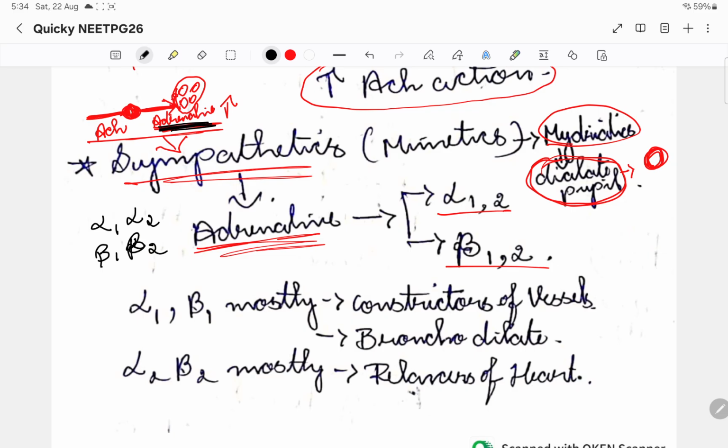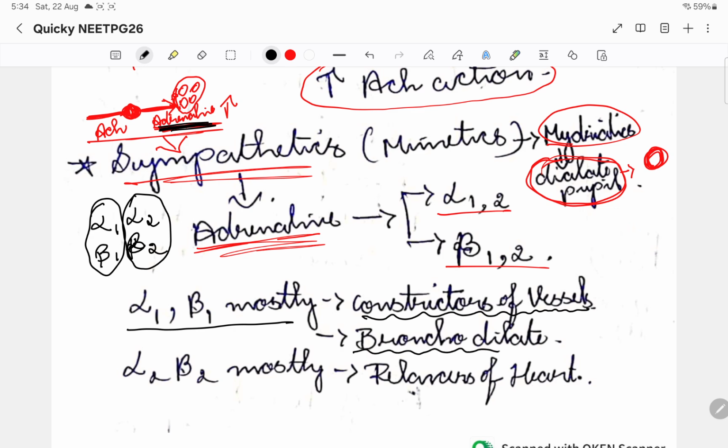So alpha 1 and beta 1 are friends, and alpha 2 and beta 2 are friends. Alpha 1 mostly causes constriction of the vessels, and bronchodilation. Please remember this, it is causing bronchodilation, not bronchoconstriction. Because as I see a tiger, my eyes are wide open and my lungs should be filled with oxygen, so I am increasing the breathing.